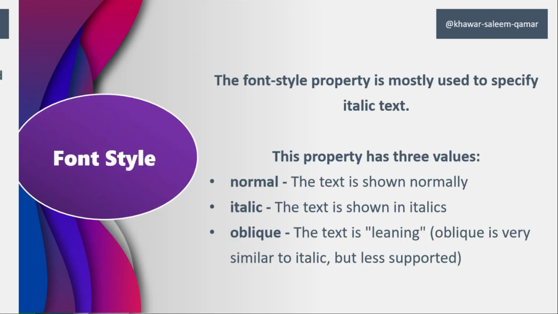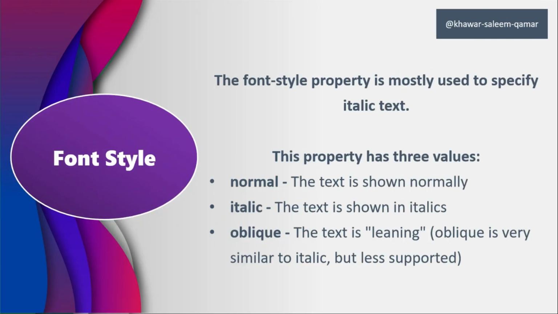After font fallbacks, we could use the font style. This font style is primarily used to make the text italic mostly. Using normal would keep it normal, and giving it the value of italic would make it italic, whereas oblique would make it like italic, but it is less supported because in some browsers it is not supported.